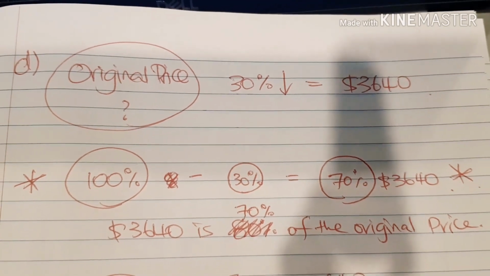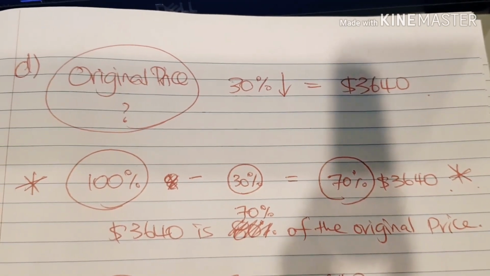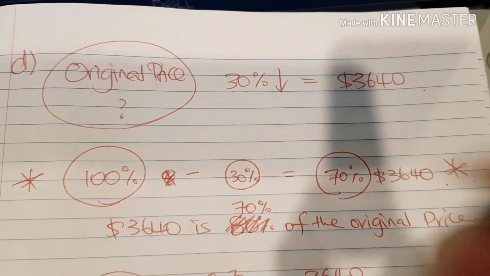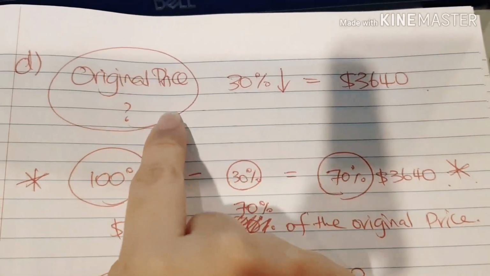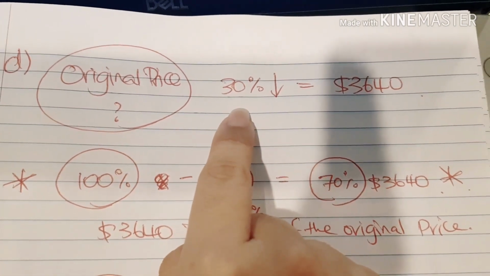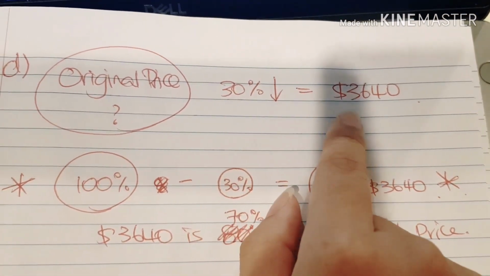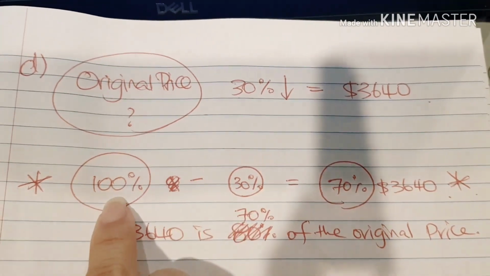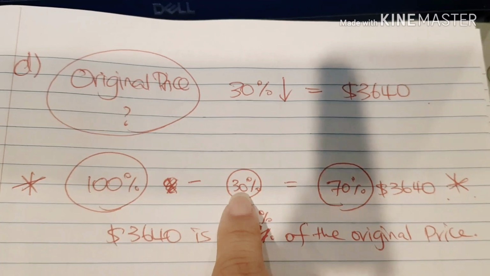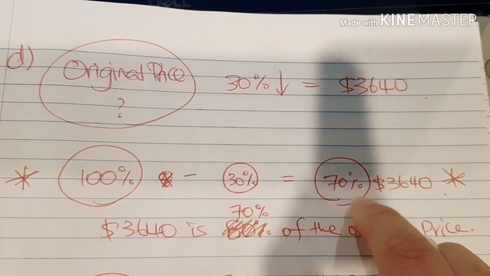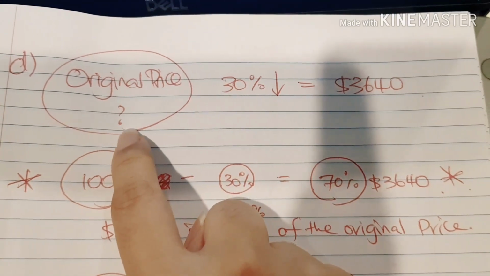So the dealer sold the car after a 30% reduction, right? So we don't know what the original price was, but it was reduced by 30% and sold for this much, right? So this is 100% minus 30%, okay? So whatever this much was, it's 70% of that original price.